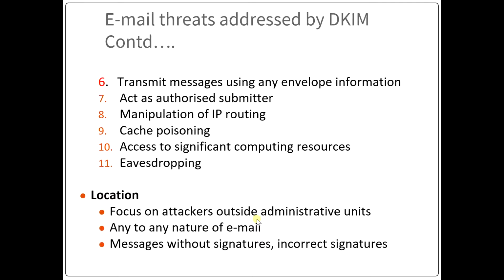It is in this area that the trust relationships required for authenticated message submission will not exist. Within these administrative units, other mechanisms such as authenticated message submission will be easier to deploy and more likely to be used than DKIM.